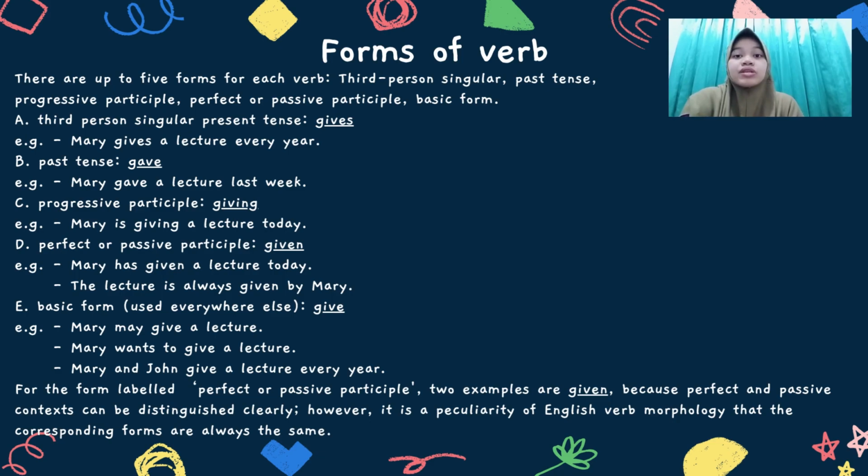And Mary and John give a lecture every year. For the form label perfect or passive participle, two examples are given because perfect and passive contexts can be distinguished clearly. However, it is a peculiarity of English verb morphology that the corresponding forms are always the same.